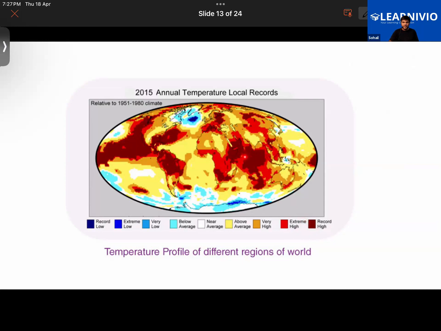So you can look from here also: South America, this is North America, here it's Africa, this is India. So these are the regions where the temperature has increased the maximum. And this is a comparative data also, like the base year was 1980.